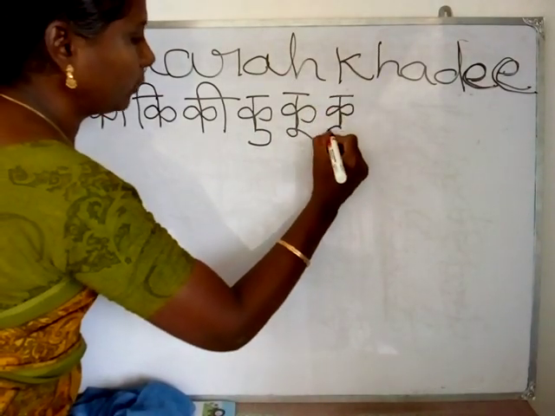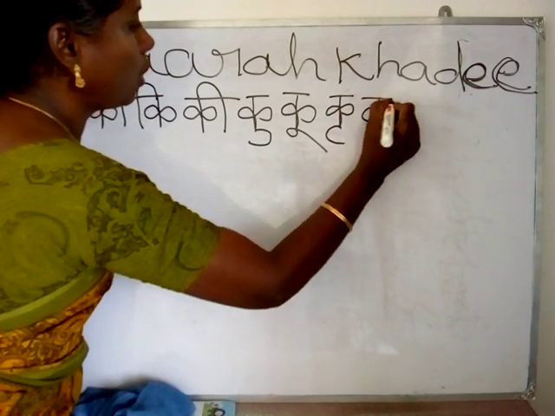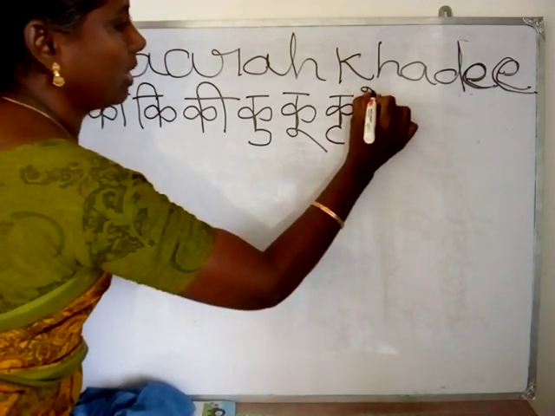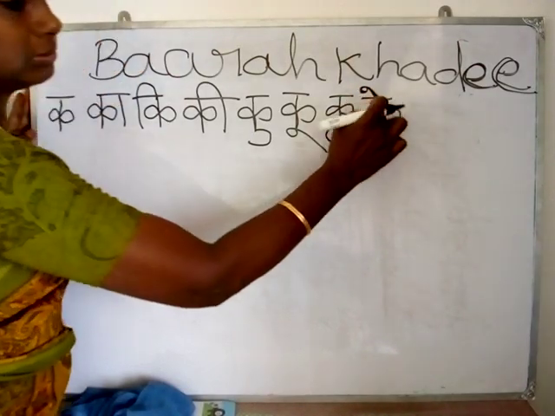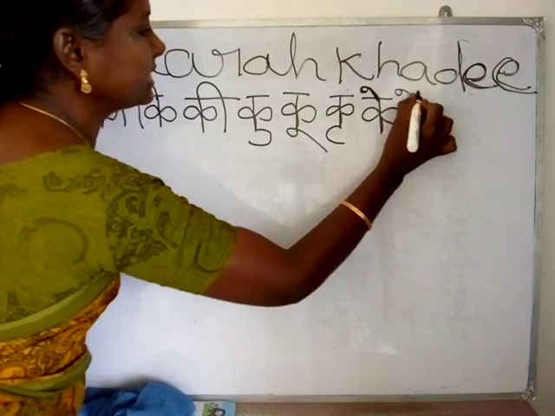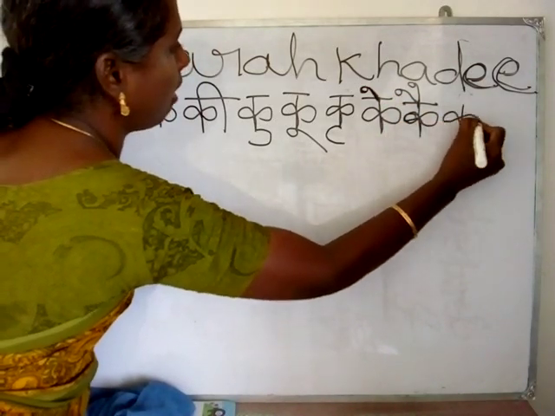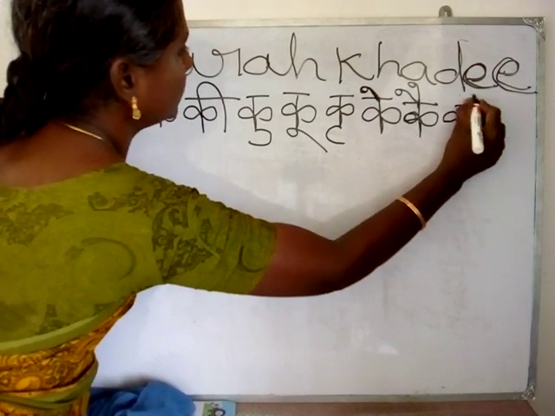Ka, if you put a direct C, this is kr. Then ka, one curve up means ke. Then ka, up two curves means kai. Then ka, one line and one curve.